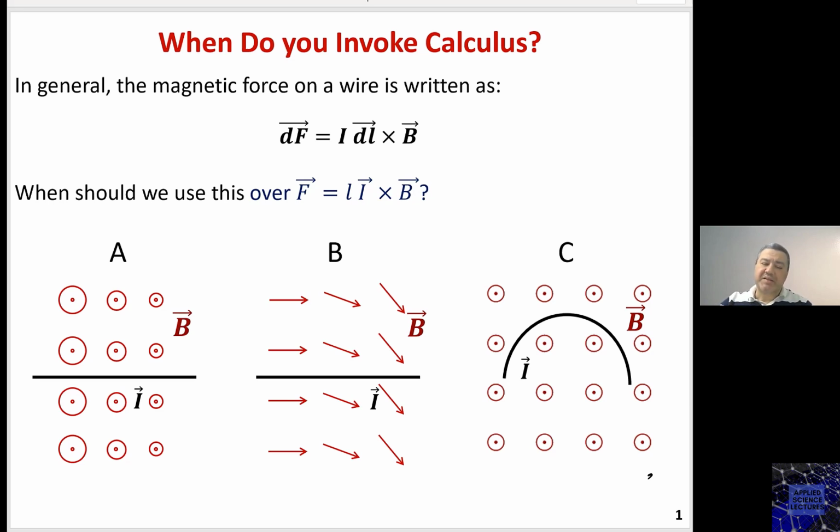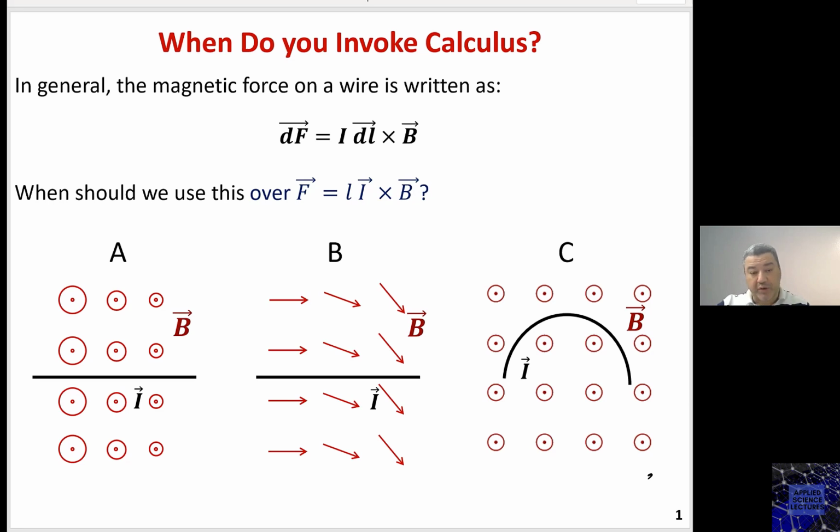So at the beginning, let's see what other shapes of magnetic field distribution exist within wires that have currents. All that we have seen so far was calculating the force due to a uniform magnetic field on a wire, such that the magnetic field is constant at every point on that wire that has a current.